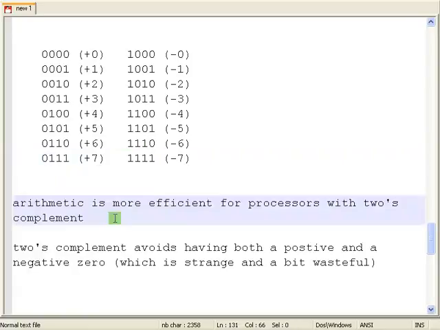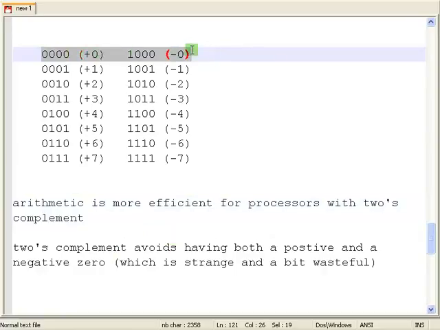The most important reason for using 2's complement is that it makes arithmetic more efficient for processors to do. More trivially, the difference is that in 2's complement we only have one 0, whereas in this scheme we have both positive 0 and negative 0, which is a bit odd. Not really an issue, perhaps, but it's an important difference to note.